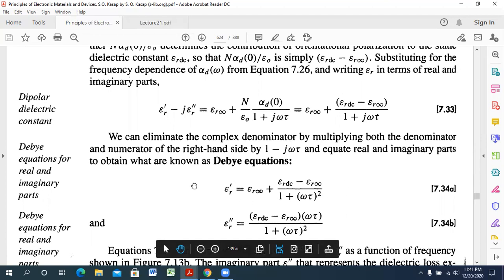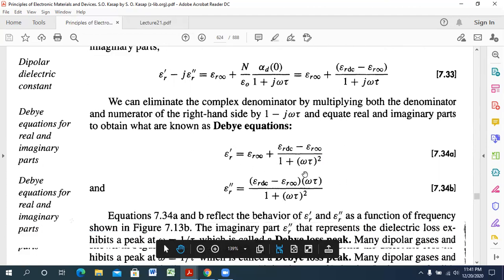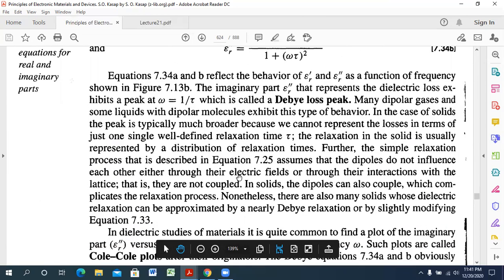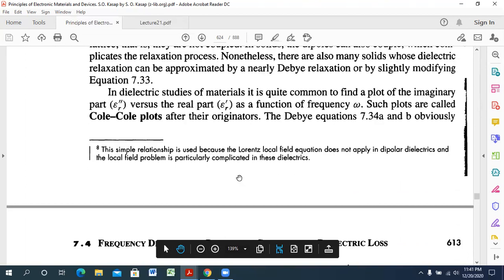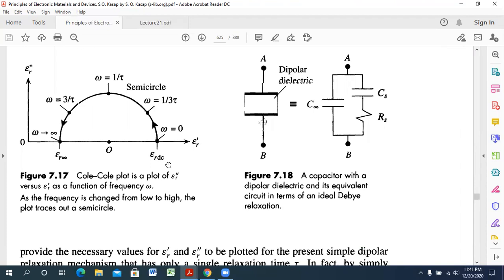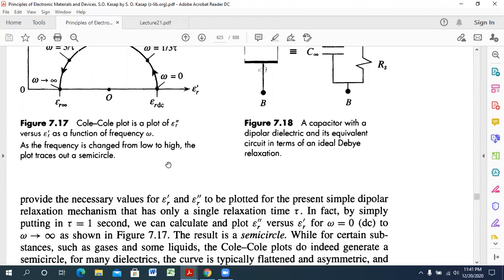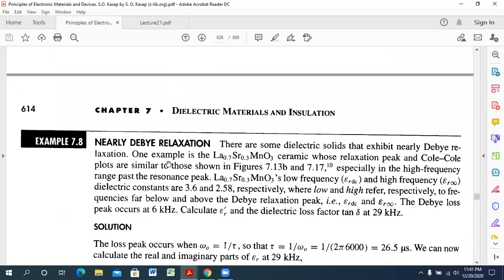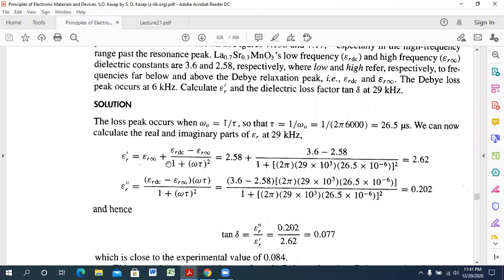Then this one is the real part constant parameters, and that one is the imaginary part constant parameters. These things are derived from this half circle. If we do the Cole-Cole plot, then we can also find out the values of these parameters. You can also go through these things and try to solve example number 7.8.